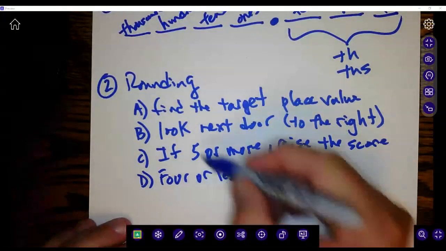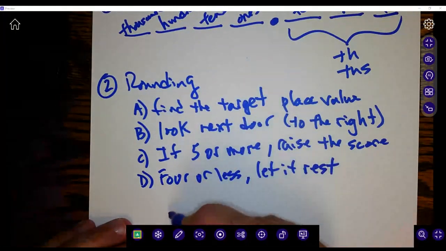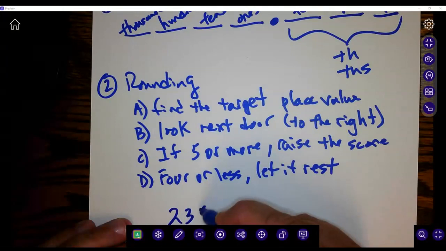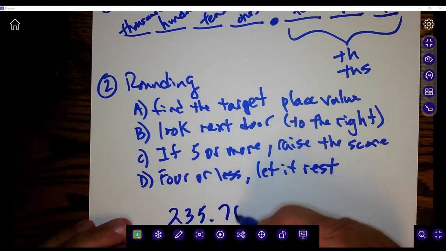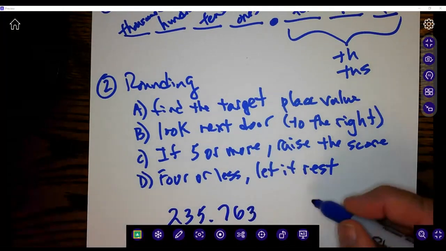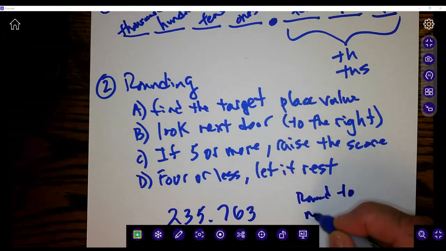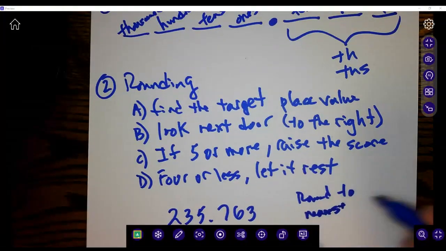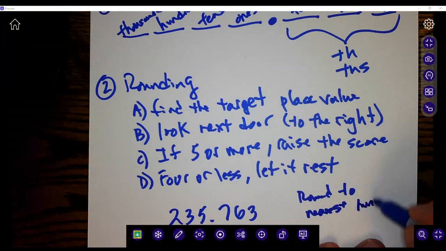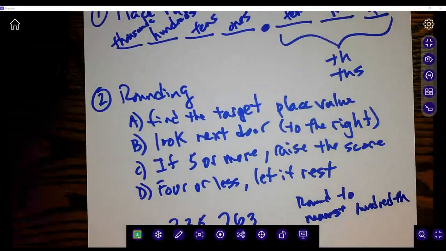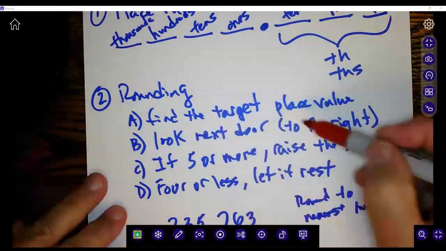So let's say we're taking the number 235.763 and we're told to round to the nearest hundredth. The first thing we do is we find the target.